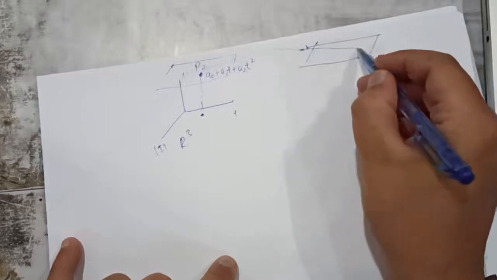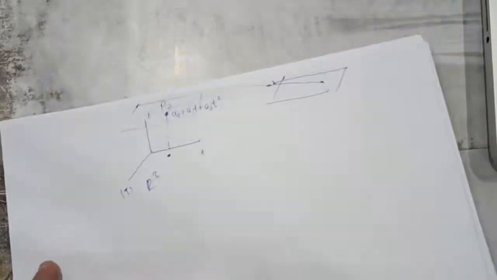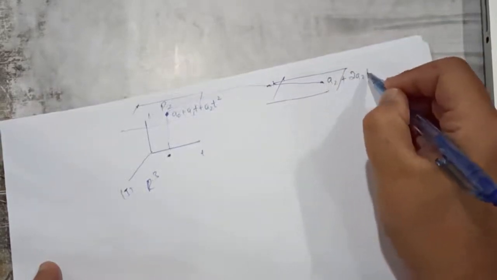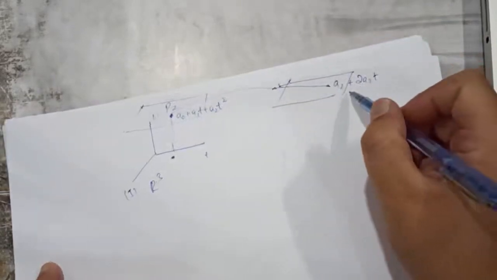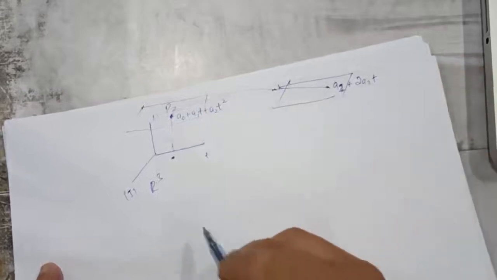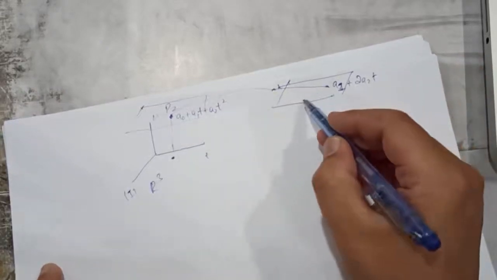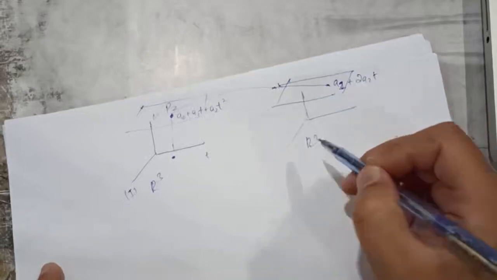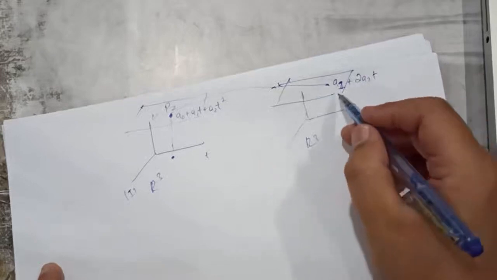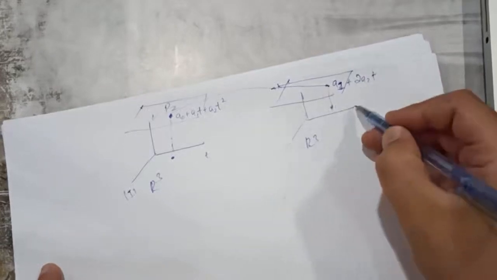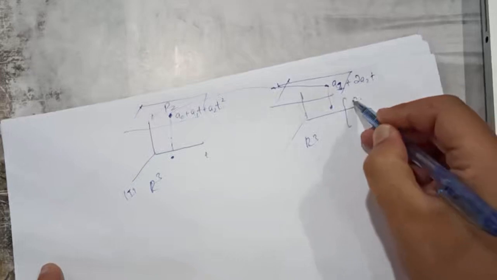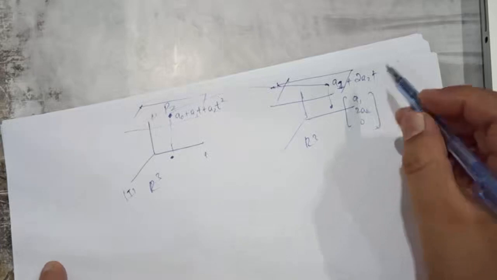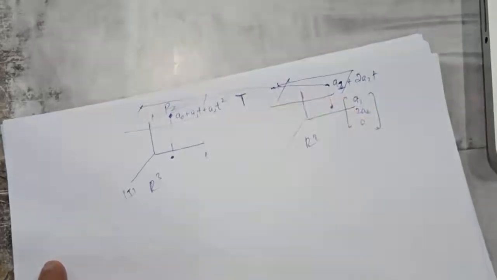which is going somewhere here, which is a1 plus 2a2t. And of course this is also in subspace R3, and this is the point here, which is in terms of the basis of that same thing, a1, 2a2 and 0, and this is by T, right?